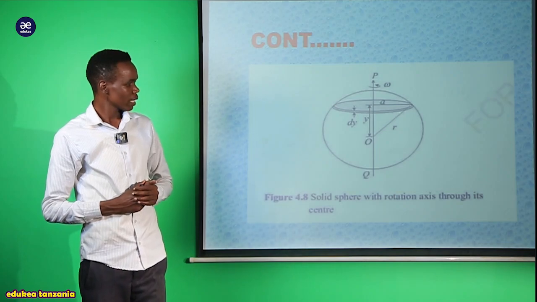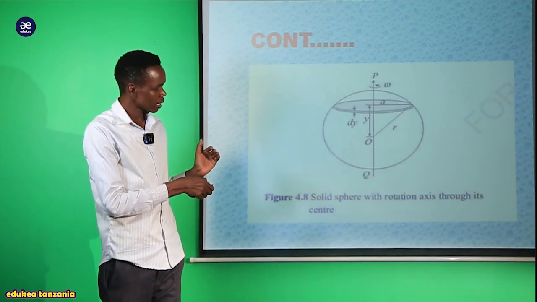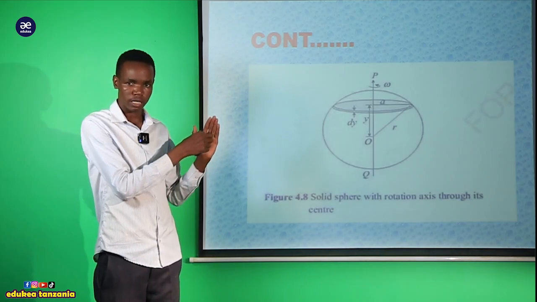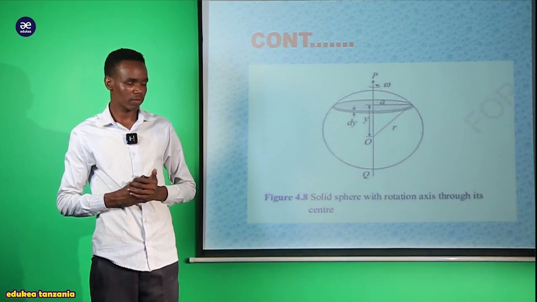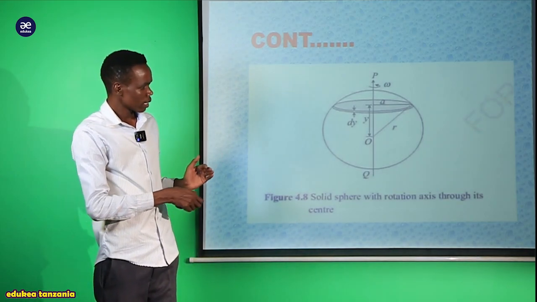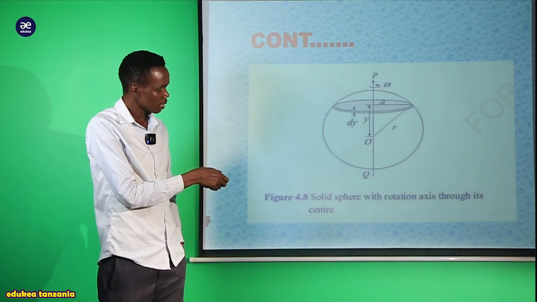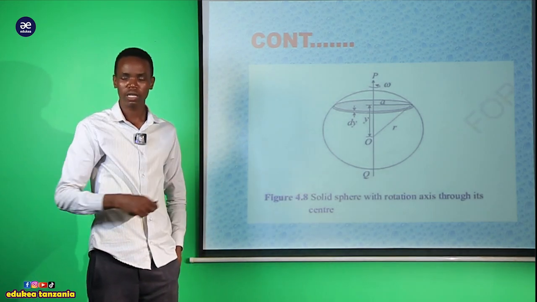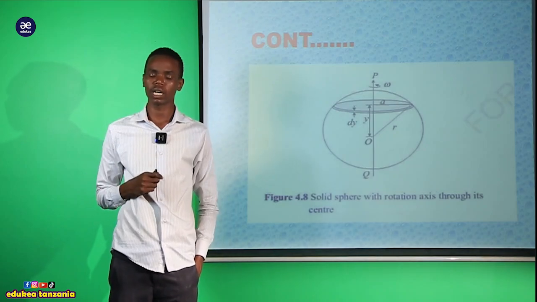The sphere has its center lying on the axis. So the distance from the center to the end of the elemental disk should be equal to r, which implies the radius.